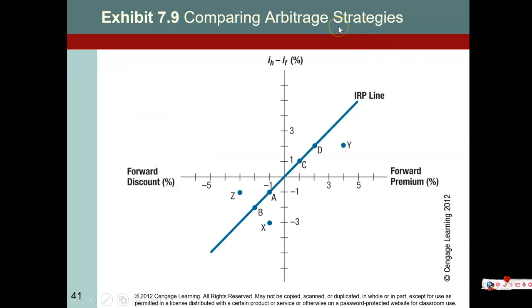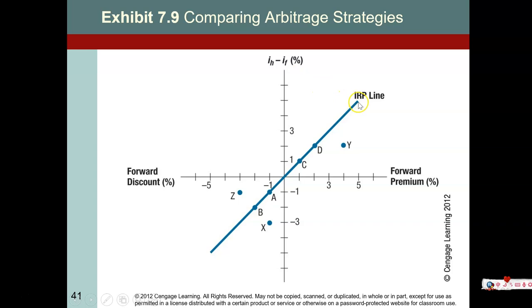Comparing arbitraging strategies. We have this IRP line, the interest rate parity line. This is an upward sloping straight line. X is P, the forward premium. Y is the difference in the interest rate, IH minus IF, home interest rate minus foreign interest rate.